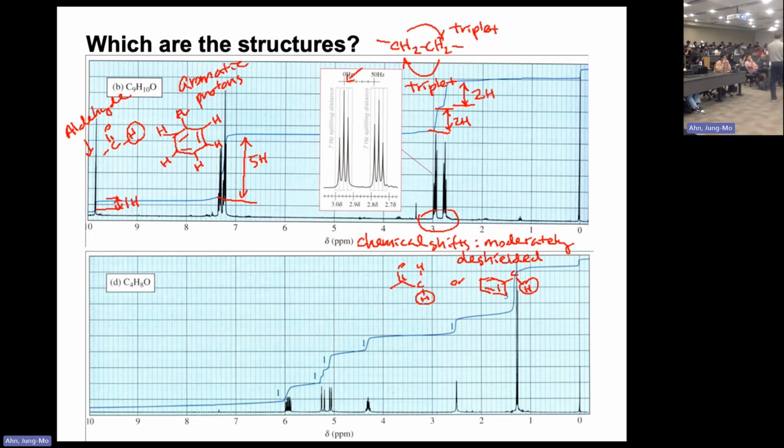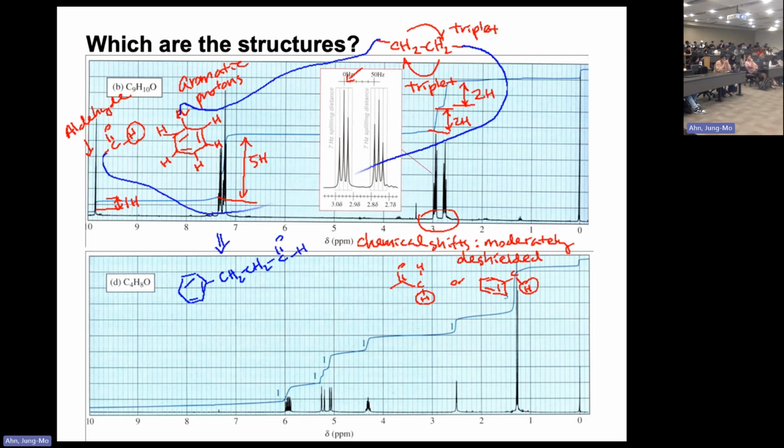Those are the ones that could appear between 2 and 3, or I would say 2.5. But if they are beta to another electron withdrawing group, they can shift a little further, getting close to 3. So there's a carbonyl next to one of these 2 CH2, and the benzene is next to one of these CH2.